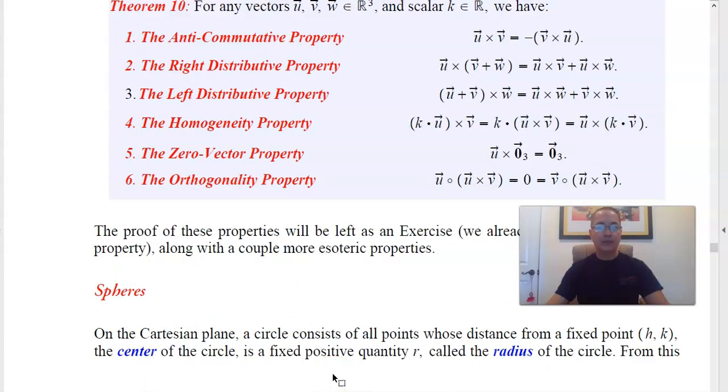All right, so everyone knows what a basketball looks like. So a sphere is basically just a generalization of a circle in 3 dimensions. So to do the algebra, we fix a point on the plane called the center of the circle. It's usually labeled as (h, k). And we fix a radius, r. And we want to find all the points on the plane which have the same distance, r, from the center, (h, k).